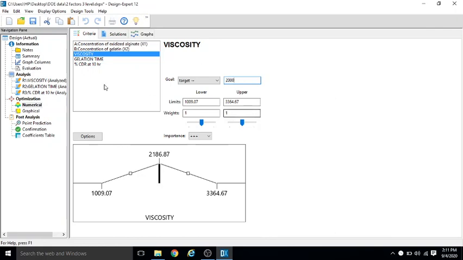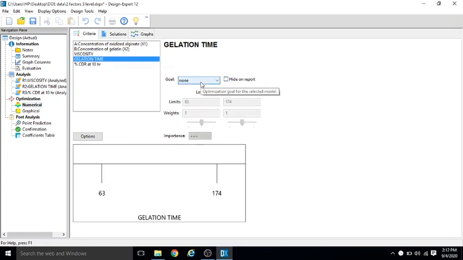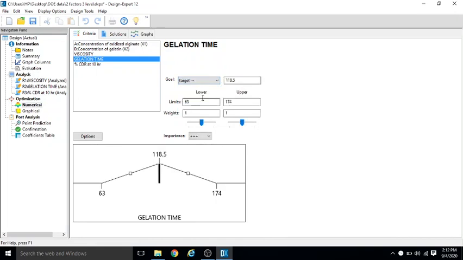So what I have done, I have selected viscosity here, numerical optimization, I have selected viscosity and the target which I have selected is 2000. Okay, right. Gelation time. So I have a target that I want gelation time to be 120 seconds, or I want a gel with a gelation time of 100 seconds.